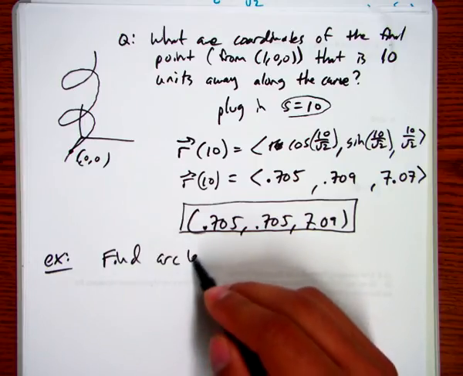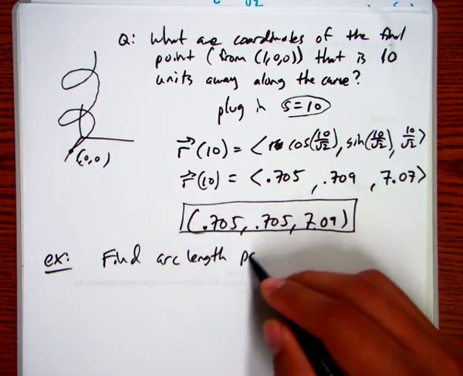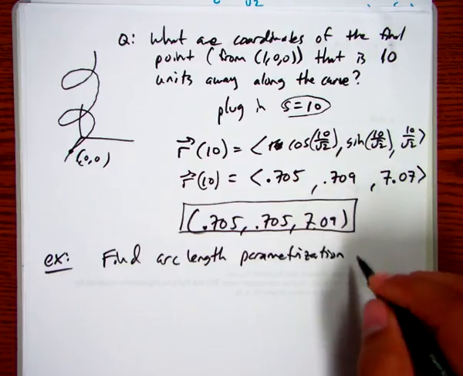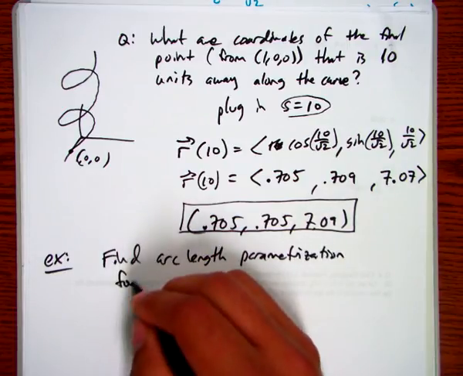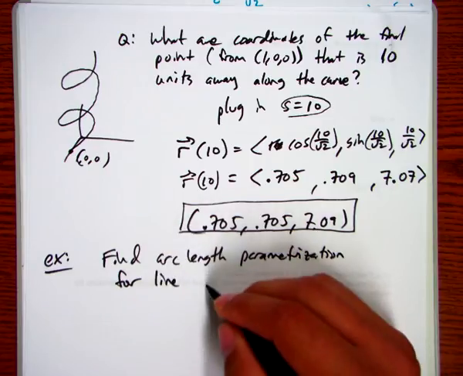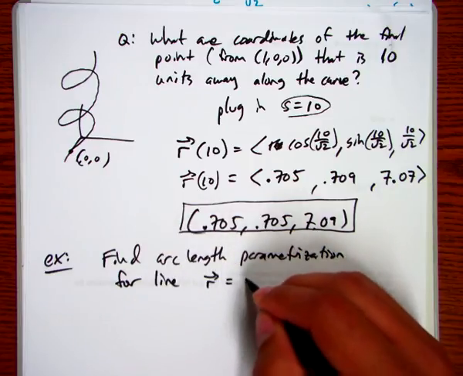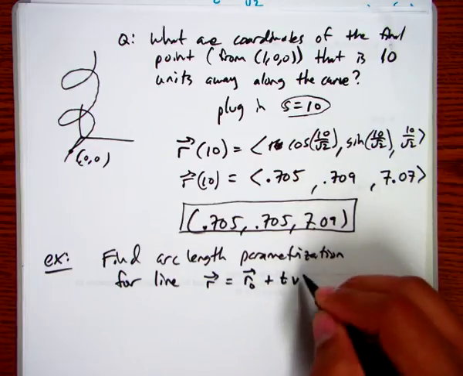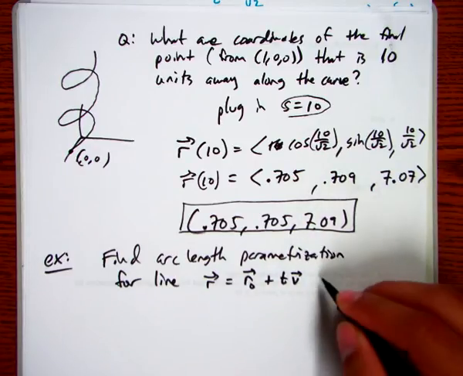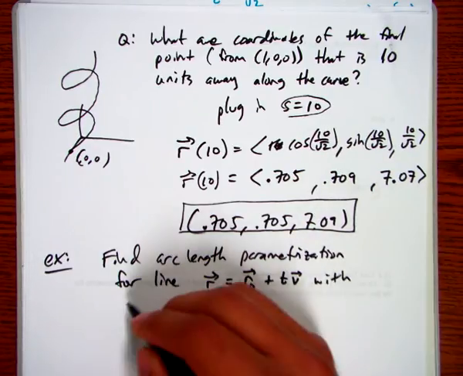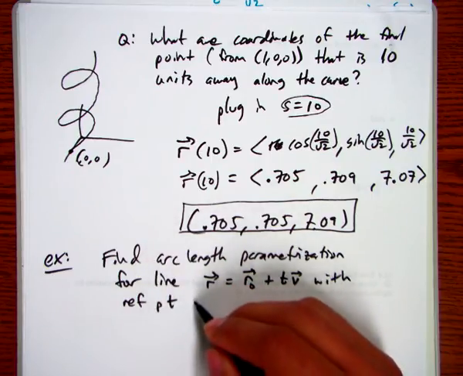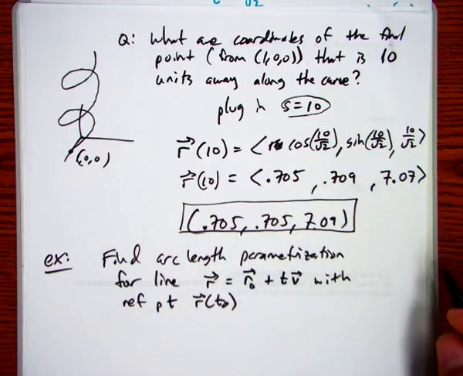Let's try one more. Find an arc length parameterization for the line r equals r naught plus tv with reference point, again, r of t naught.